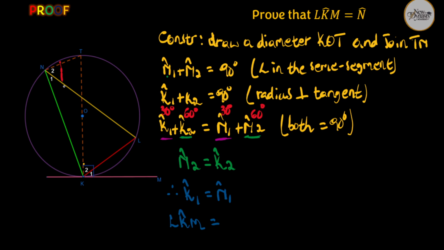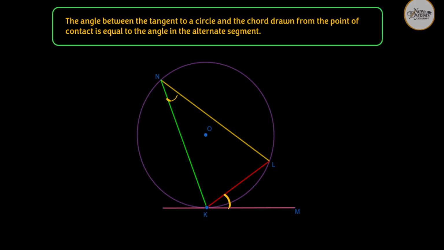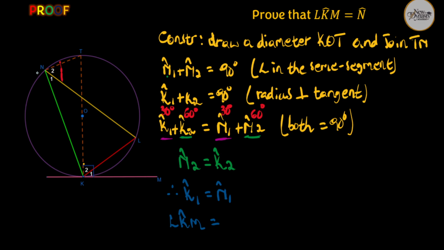What is forming N1? It is just N. Remember, our N here is just for construction, but this N is basically this N here. You can see that it's formed between the green and the yellow lines. So that is just angle N. And this is exactly what we are required to prove, because the proof says prove that LKM is equal to N. And that's how you basically do it.